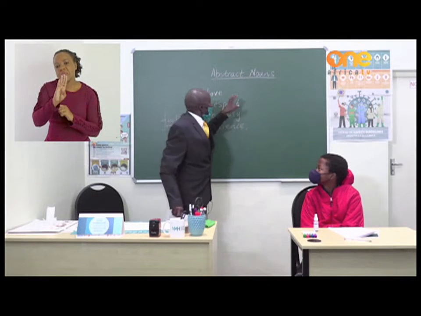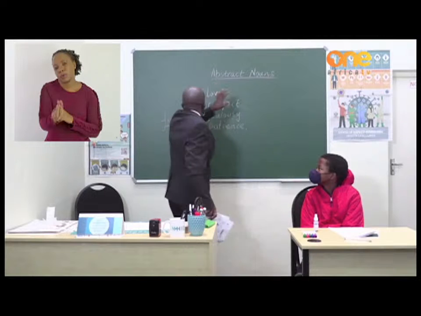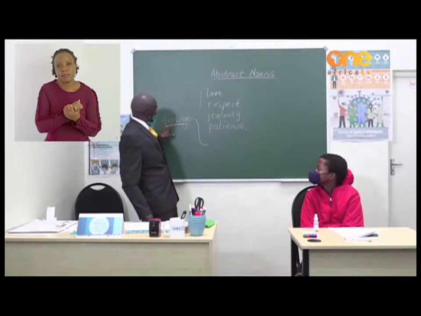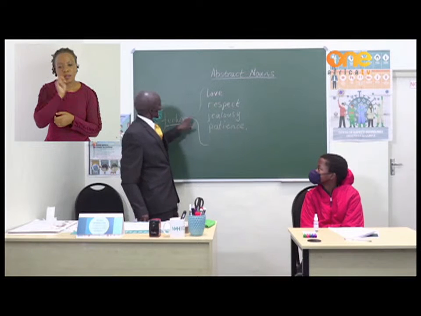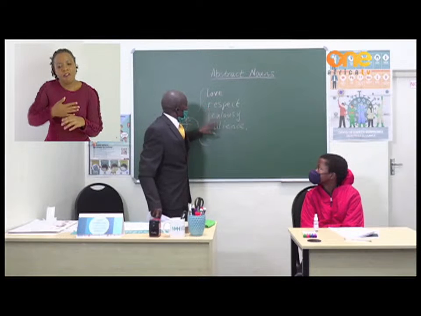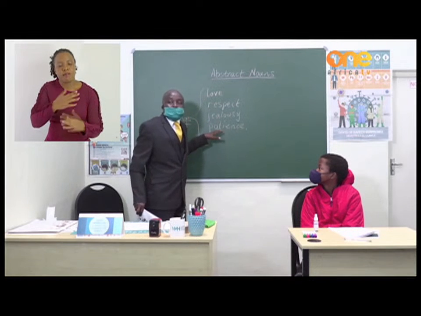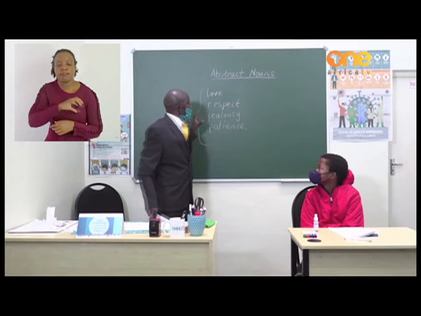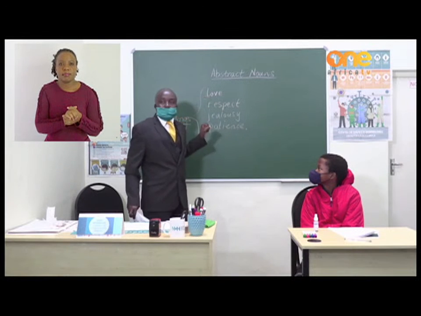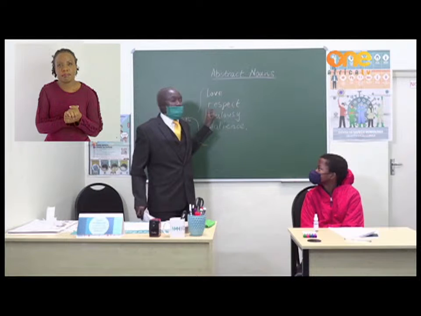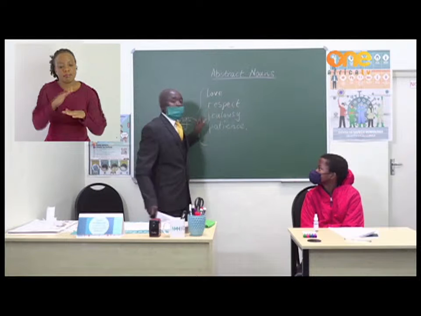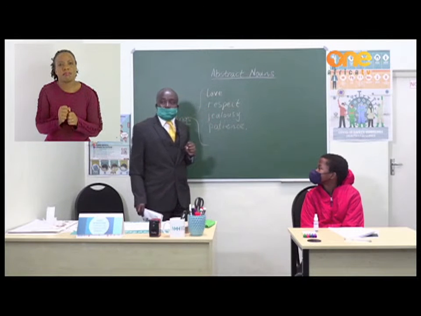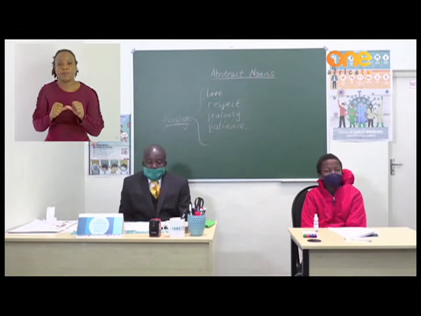It has something to do with feelings. Examples: love, respect, jealousy, and patience. So these are intangibles. You can't touch love. You can't see jealousy or patience. That's something abstract.